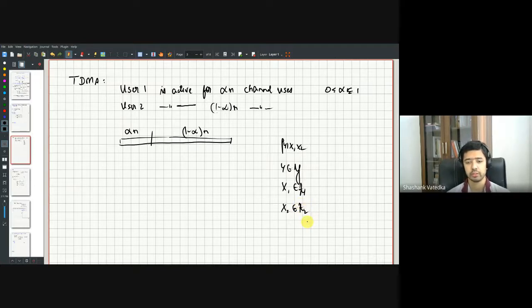So what does it mean for one particular user to be silent? One way to do it is that whatever the user transmits is something fixed. It always transmits some fixed symbol, which is independent of the message it has.